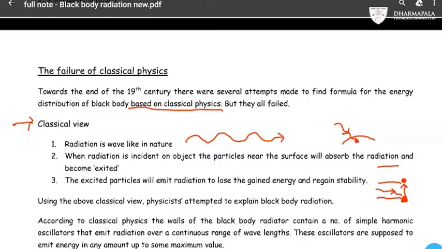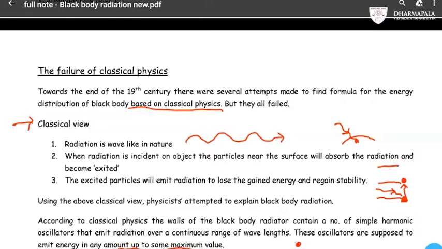Using the above classical wave physics, we attempt to explain blackbody radiation. According to classical physics, the wall of a blackbody radiator contains a number of simple harmonic oscillators that emit radiation over a continuous range of wavelengths. These oscillators are supposed to emit energy in any amount up to some maximum value. All these particles, the atoms, are oscillators. In any object, these atoms are always vibrating.